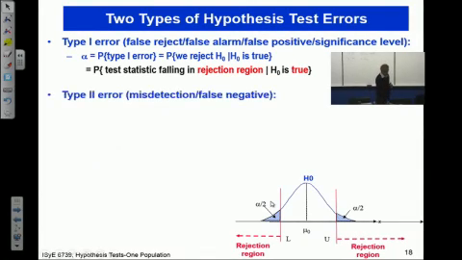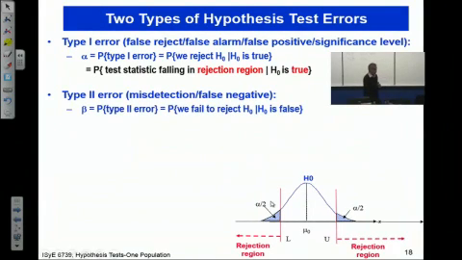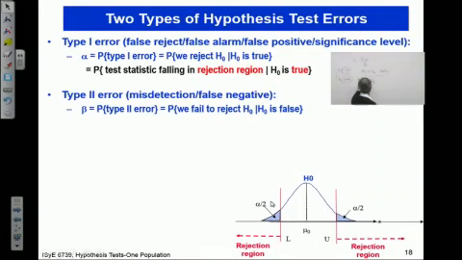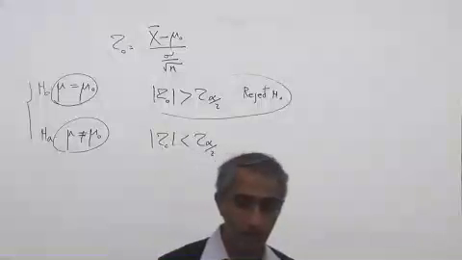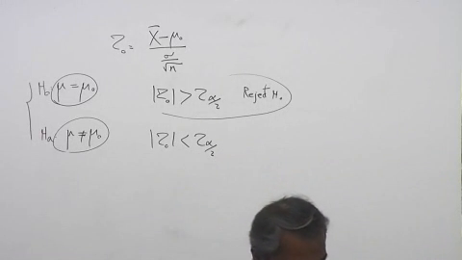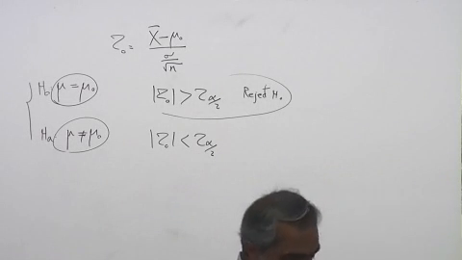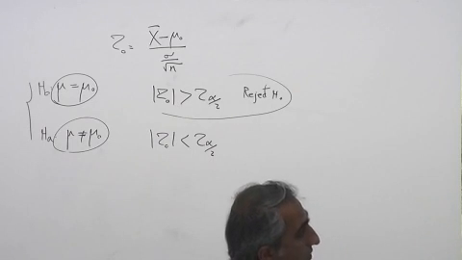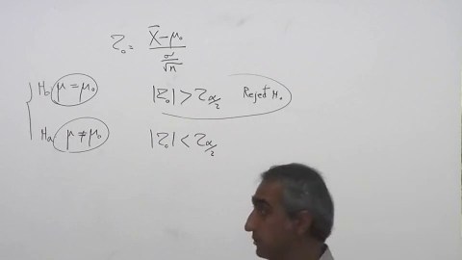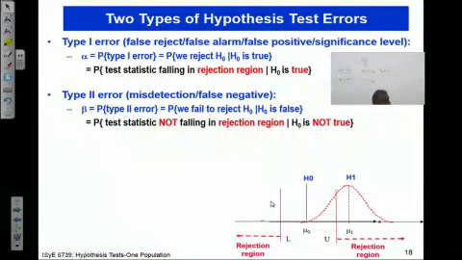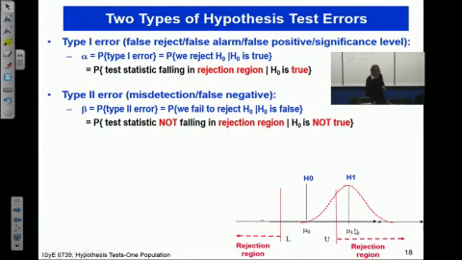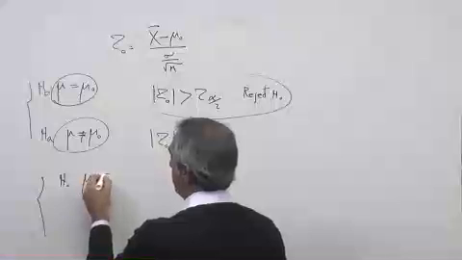How about type 2 error, or misdetection, or false negative? It is the probability of failing to reject H null. In this case, the probability of this part. But we know that H null is not true. So when we say H null is not true, mu is not mu 0 anymore, but mu is something we call, let's say, mu 1. One simple example is mu is equal to 50.